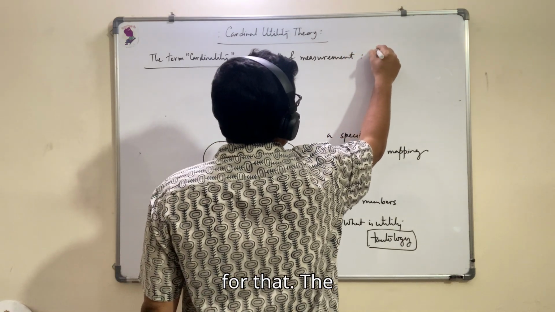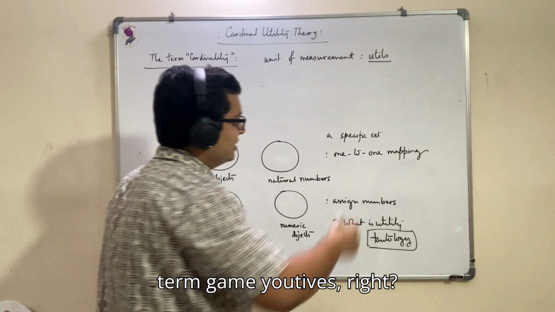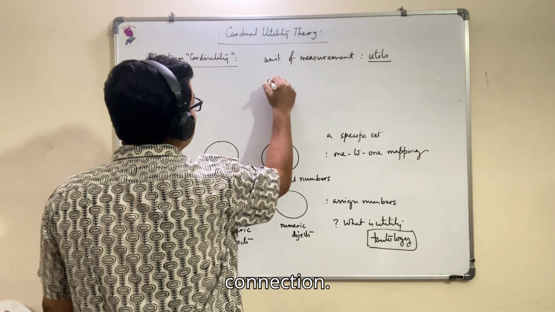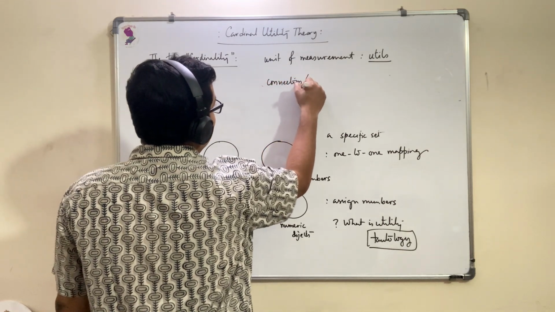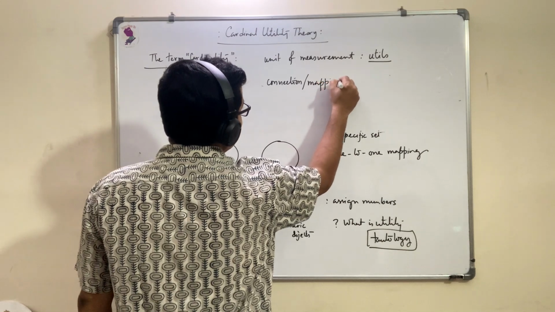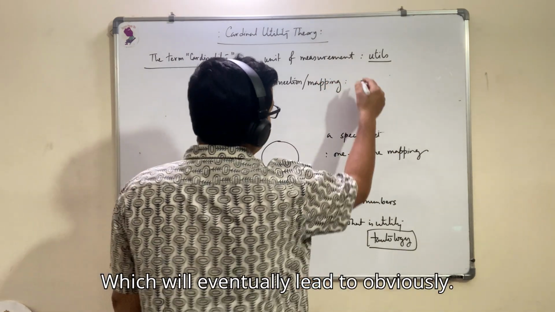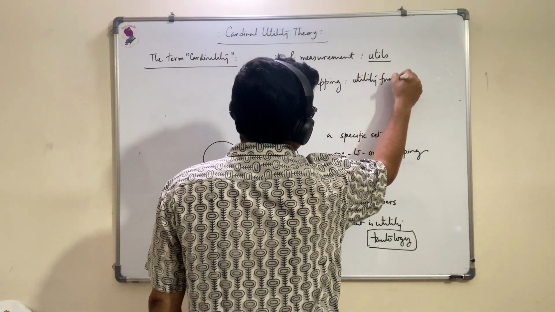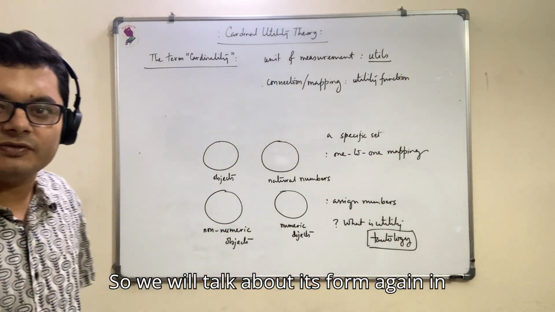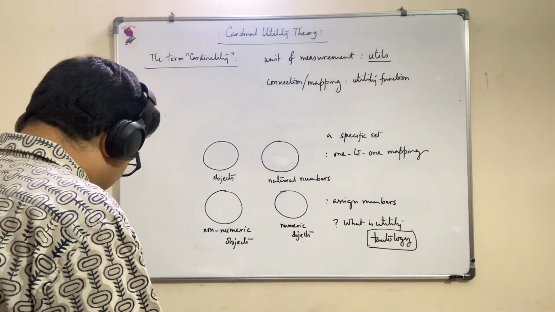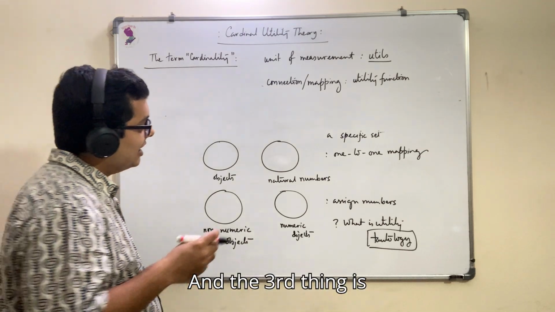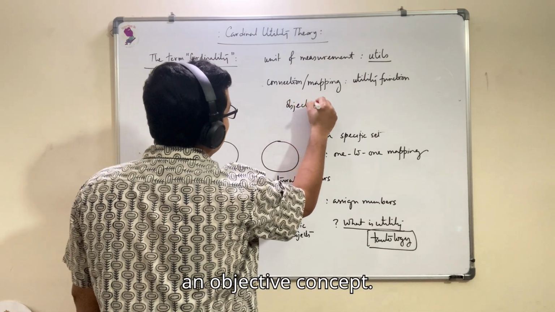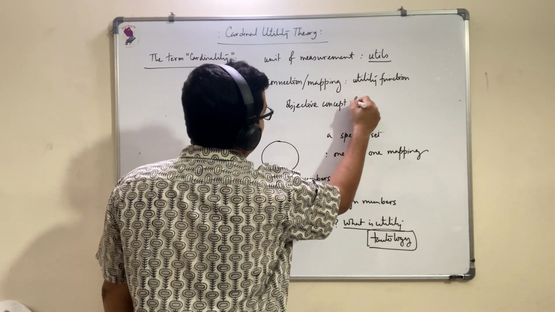For that, the term came utils, right? And then we need to build a connection, a mapping, right? Which will eventually lead to, obviously, the utility function. So we will talk about its form again in the assumptions. And the third thing is this: what is utility? That is, we need an objective concept of utility.